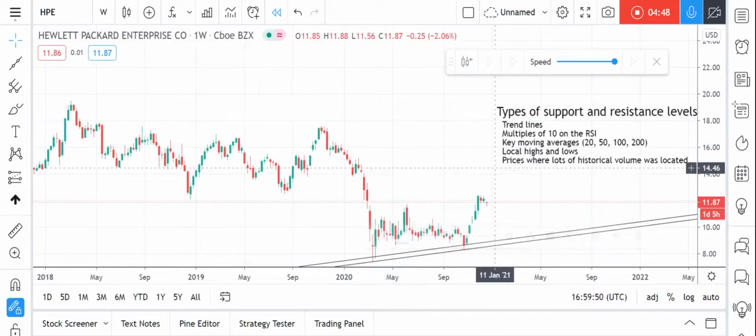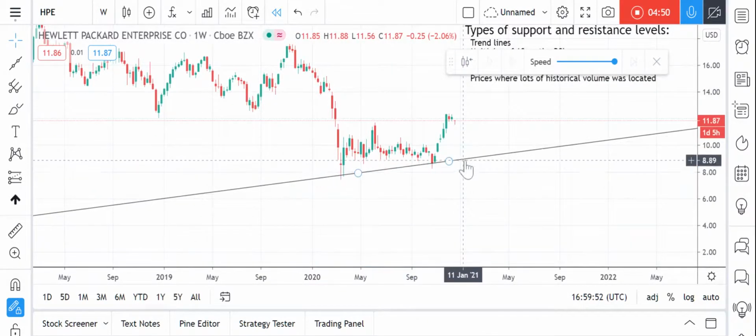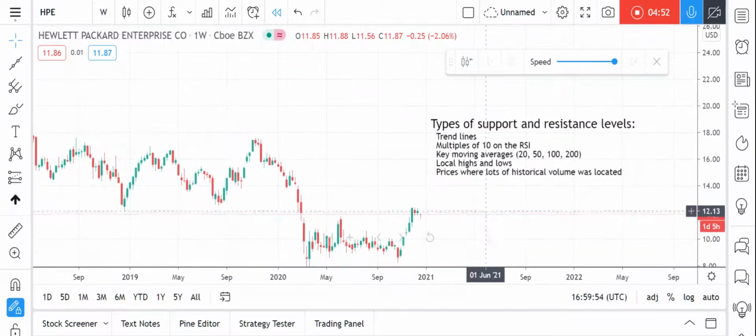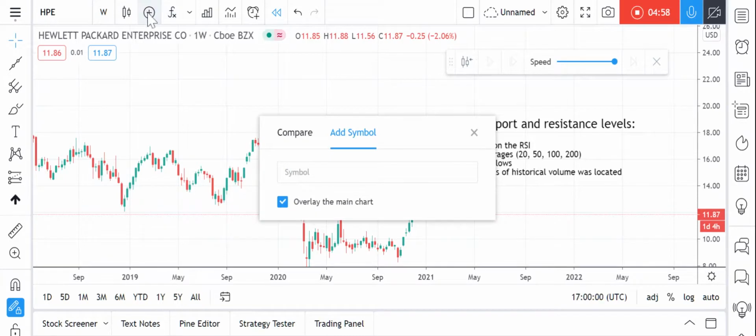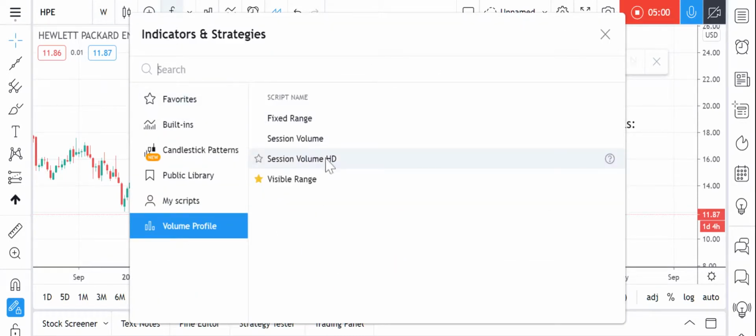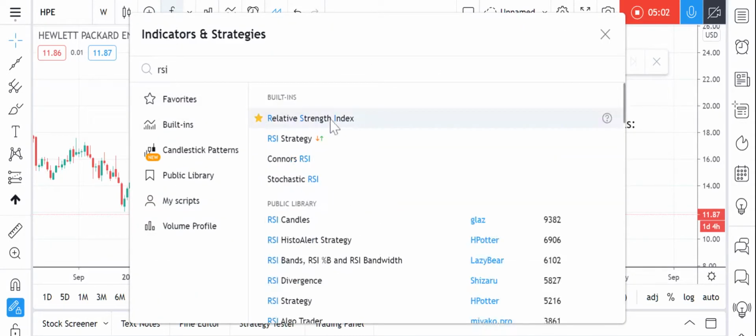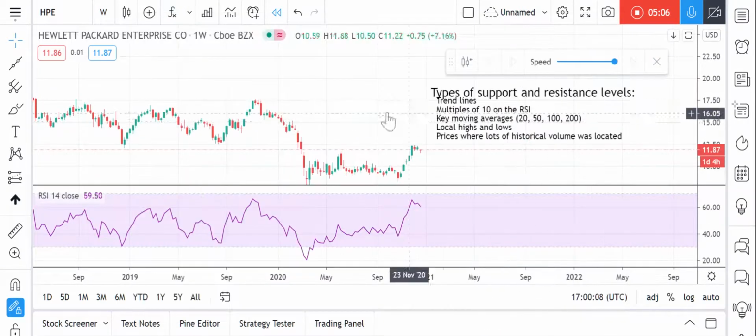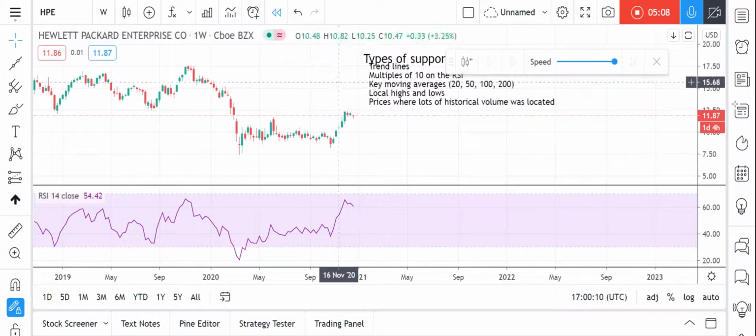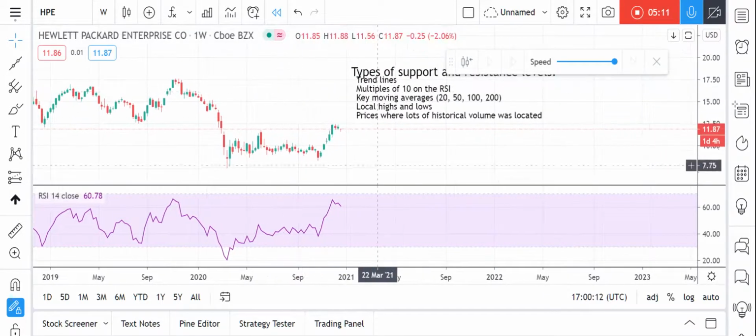Let's just delete our trend lines here, and let's talk about the next type of resistance and support, which is multiples of 10 on the RSI. So I can just type RSI here and it will give me the relative strength index. The key levels on the RSI are multiples of 10.